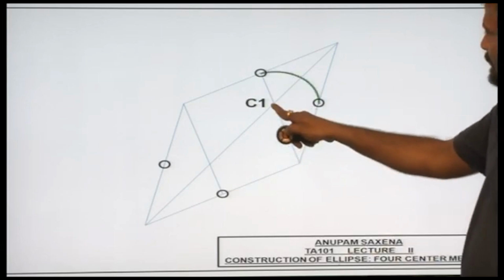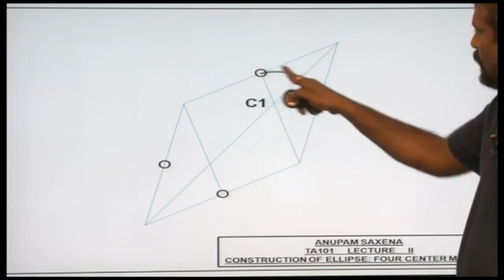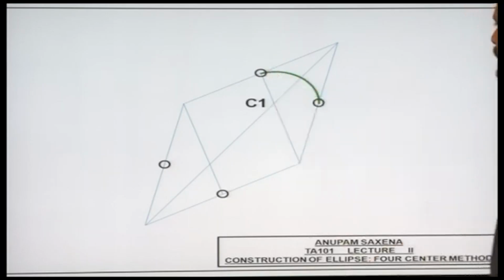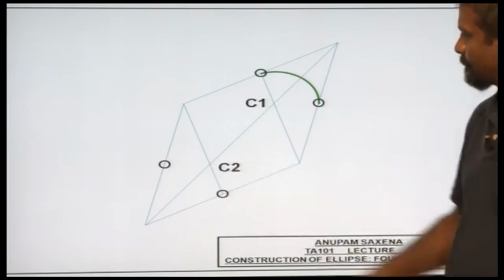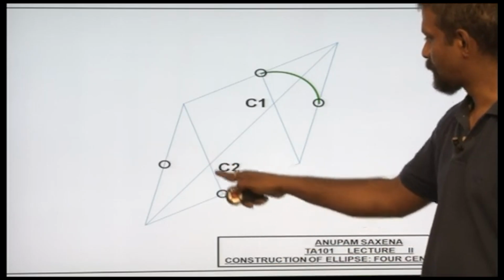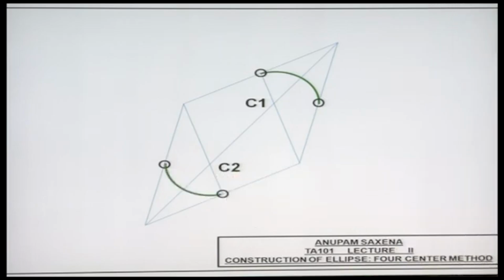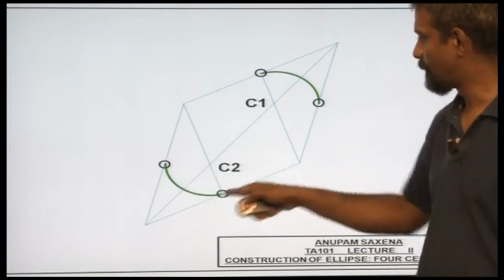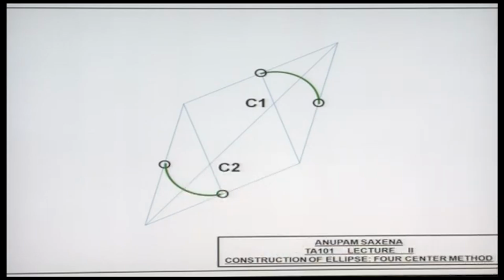With C1 as center and this as radius, draw an arc. Of course, this arc is going to have these 2 points lying on it. With this point as center and this as radius, draw another arc that will have these 2 midpoints of the respective edges of the rhombus on it.